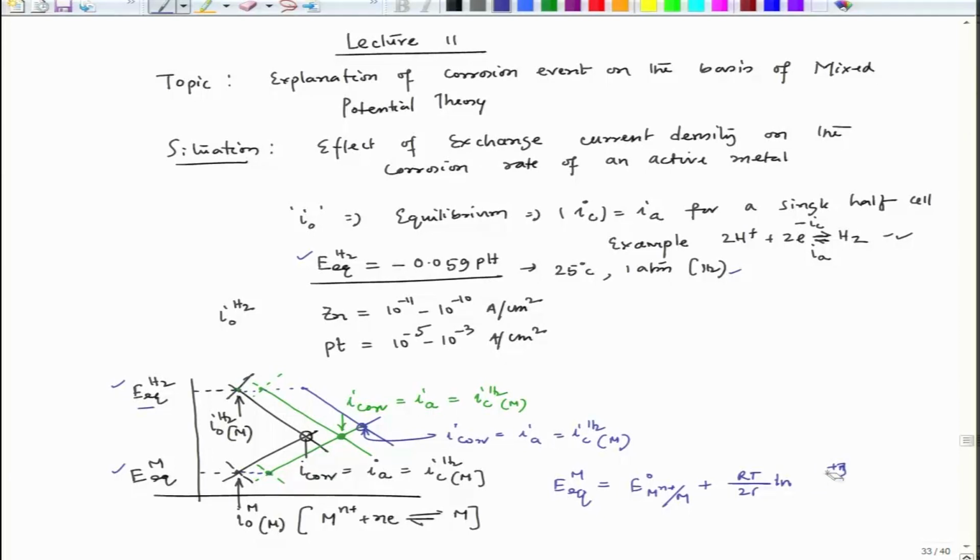So, this is the concentration of metal ion, because M is nothing but the pure metal. So, if this remains the same for all the cases, this will also remain the same.